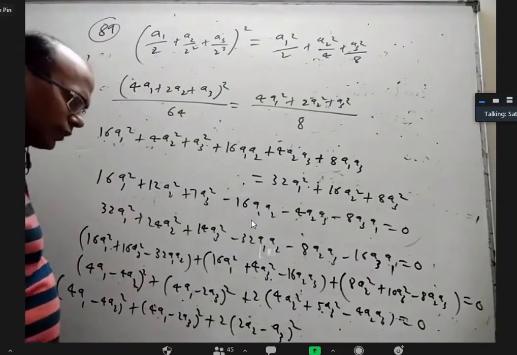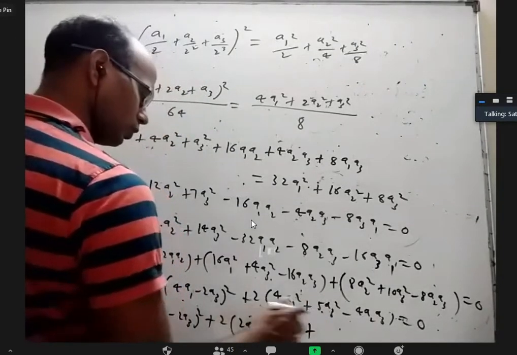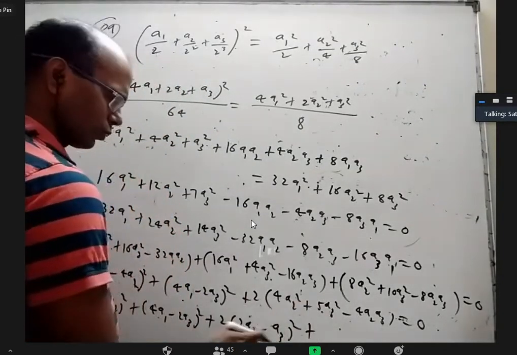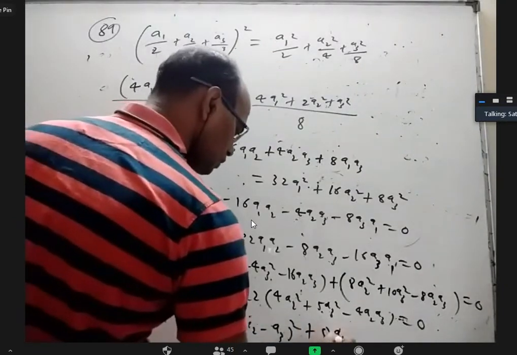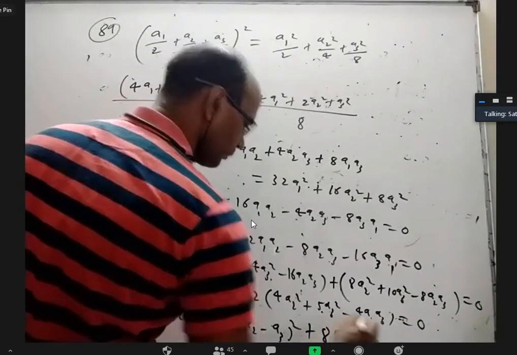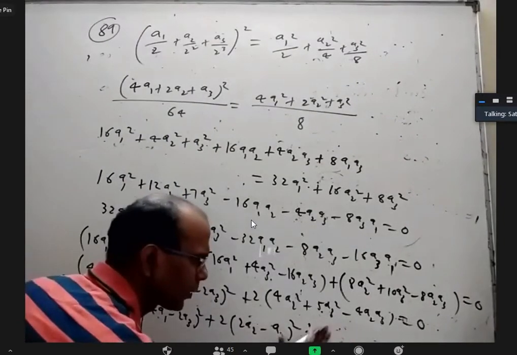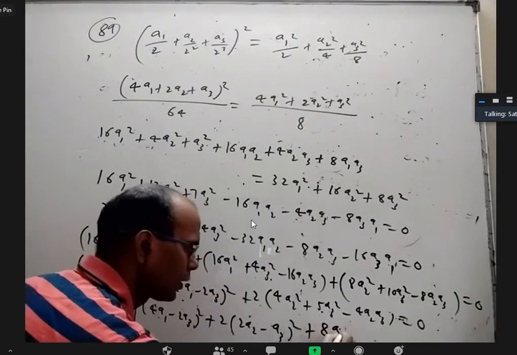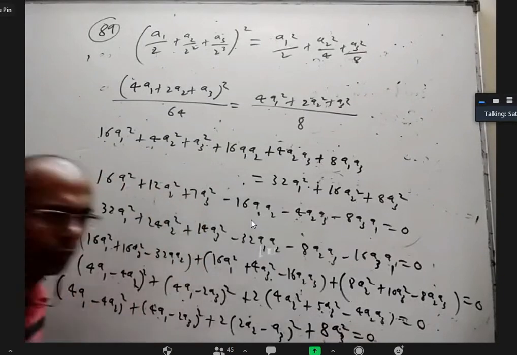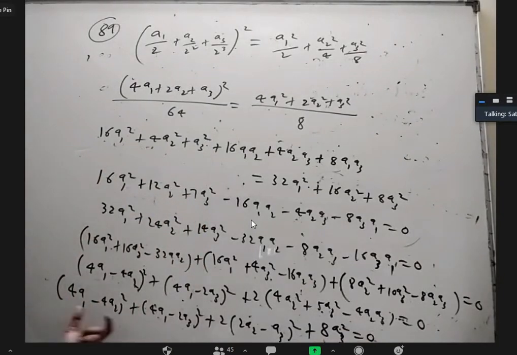What else will be left? Extra 2 fives are 10. I used only 2 for 8 a3 square, so 8 a3 square will be left. You can see now something square plus something square plus some positive number into something square plus something square.